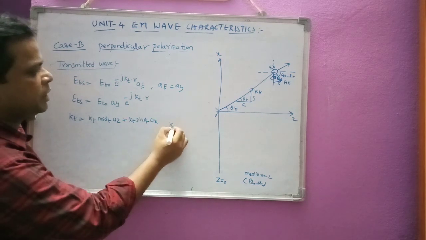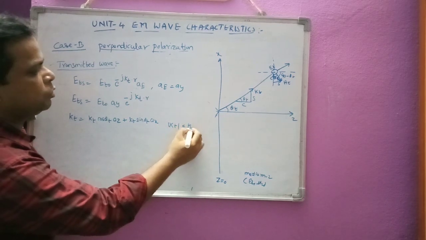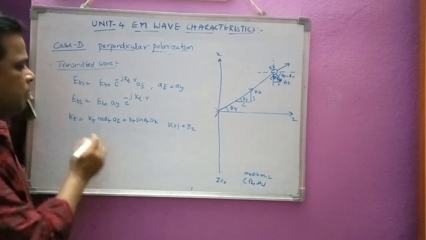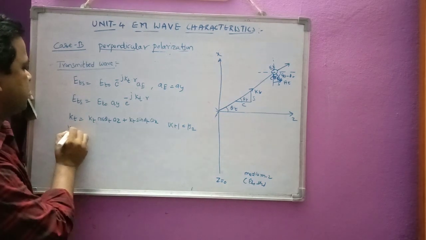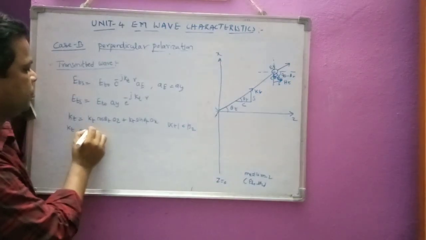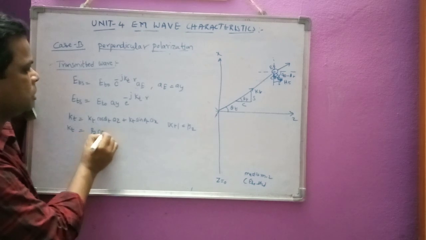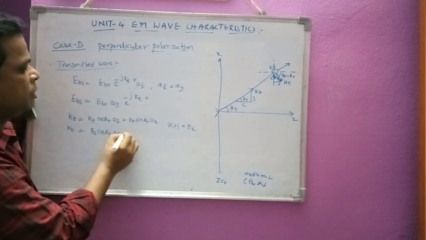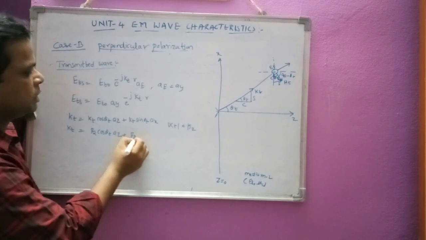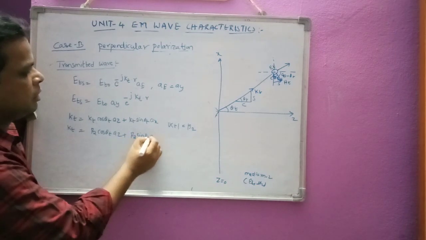Now in place of kt I can write beta 2 here, because it is in medium 2. So kt is equal to beta 2 cos theta t az plus beta 2 sin theta t ax.